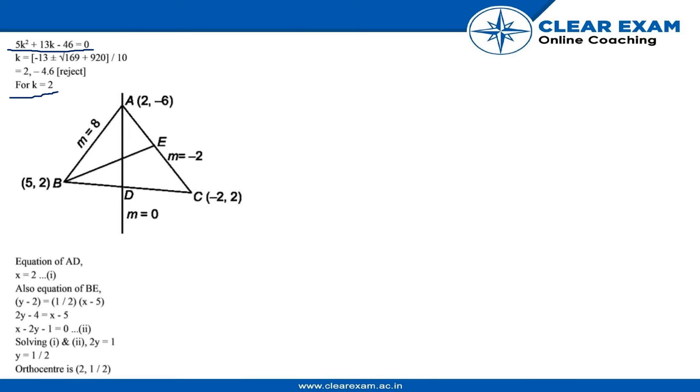Now we have to find the equation of AD, and that is simply x equal to 2, and the equation of BE would be y minus 2 equal to 1 by 2, that is the slope, into x minus 5, and we will simply solve this equation. y minus 2 equal to 1 by 2 into (x minus 5).